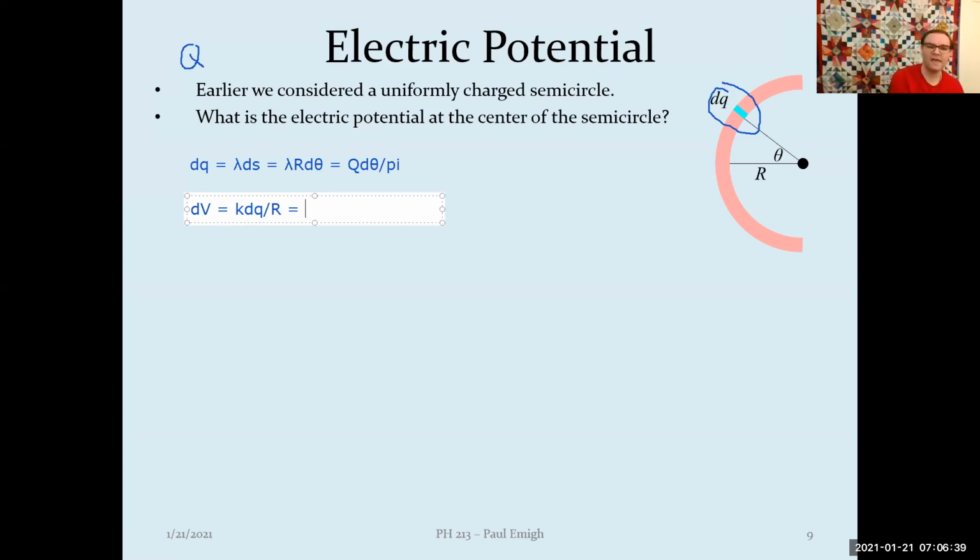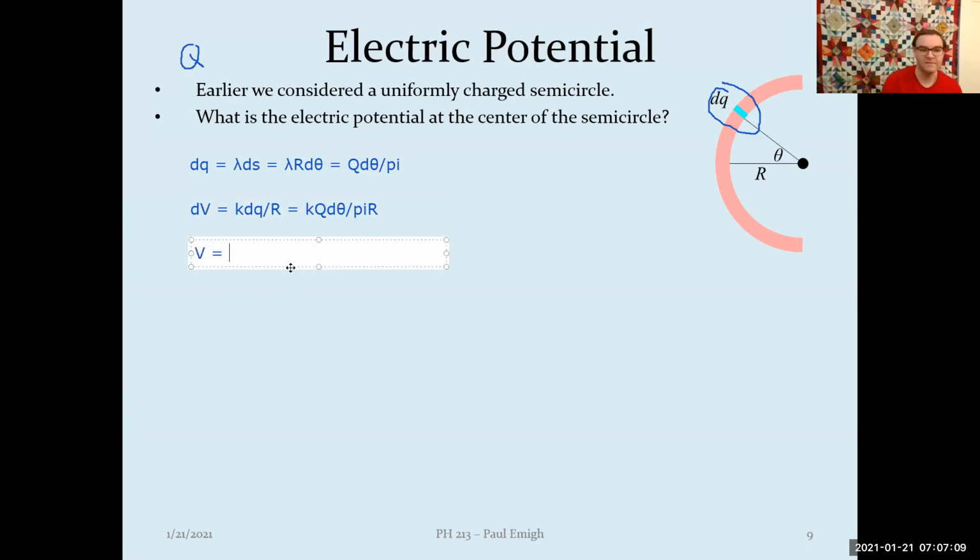So let's see, I'm going to get kQ d theta divided by pi R. And that's it. You'll notice that there's no direction for the electric potential, right? Electric field has a direction, but the electric potential doesn't. The only thing that matters is how far away am I from this charge. So I'm actually done already. You can see that this task is a little easier than our electric field one.